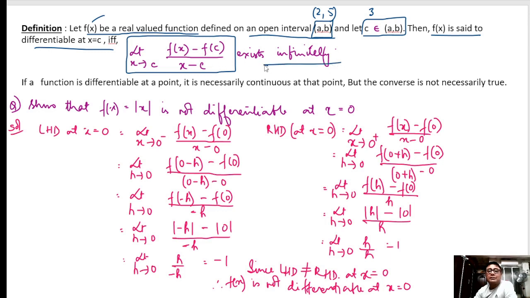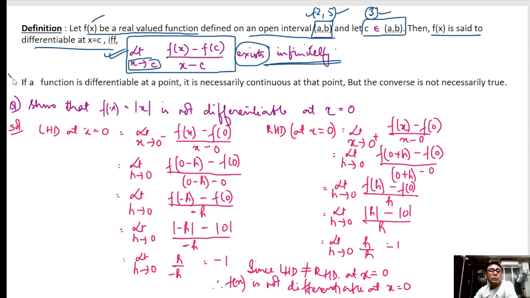That means you are choosing a value 3 which is between 2 and 5, and the limit should exist at that particular value. This is the formula for checking the differentiability. Okay, so let us see how it exists.